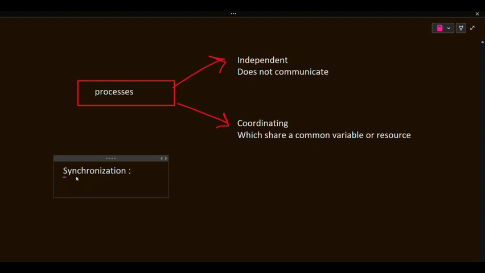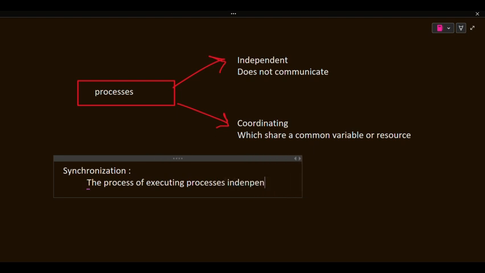Synchronization is the process of executing the processes in a coordinated way to avoid conflicts in the shared resource.